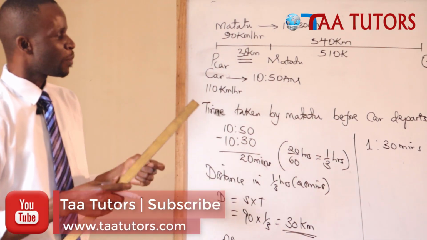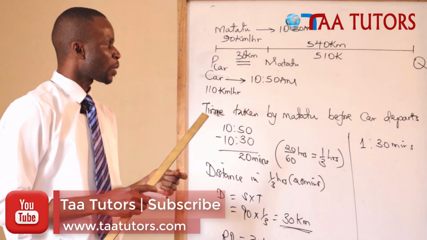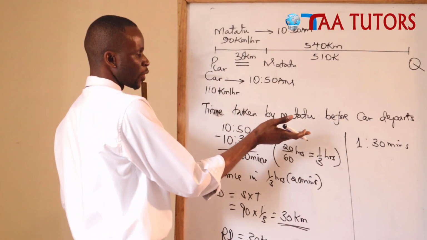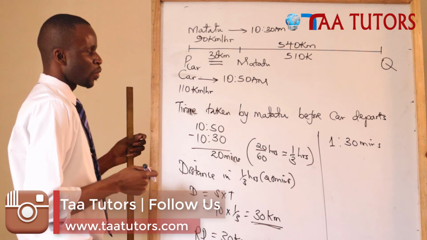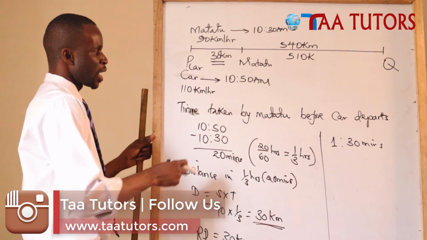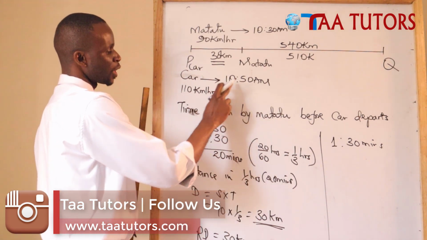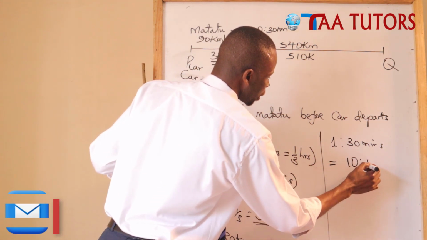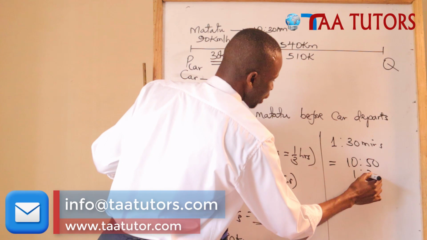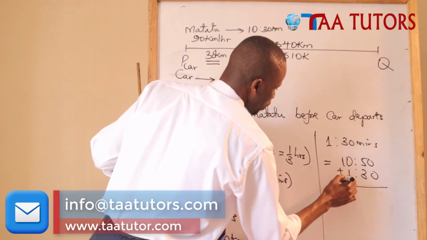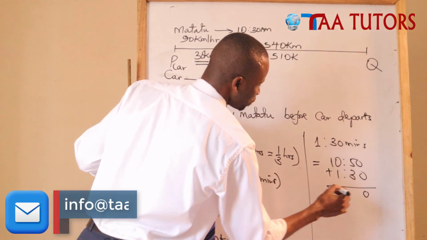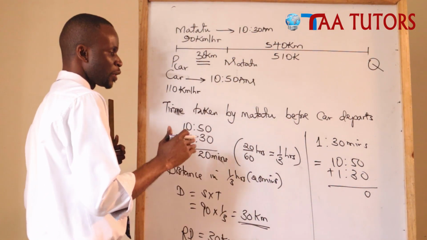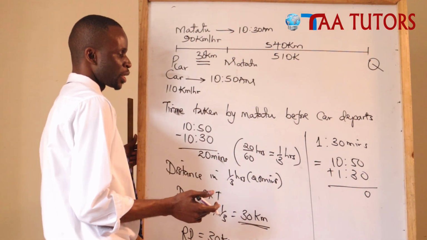So if you are asked the time of the day when the car caught up with the matatu, the time taken for it to catch up is 1 hour 30 minutes, and the car leaves at 10:50. So the time of the day is 10:50 plus 1 hour 30 minutes. We know 50 plus 30 is 80 minutes.